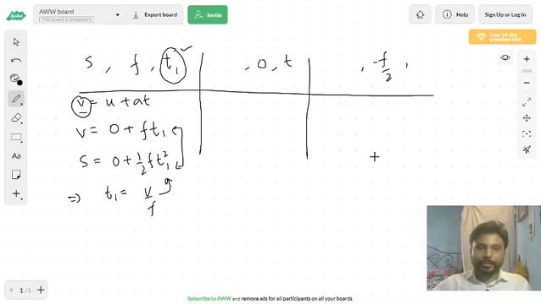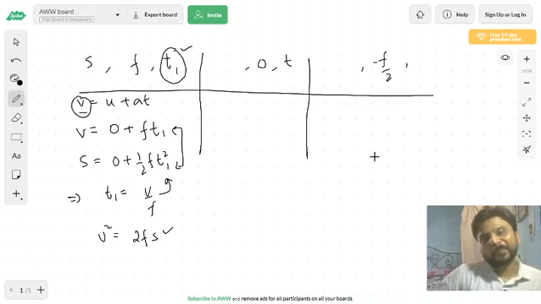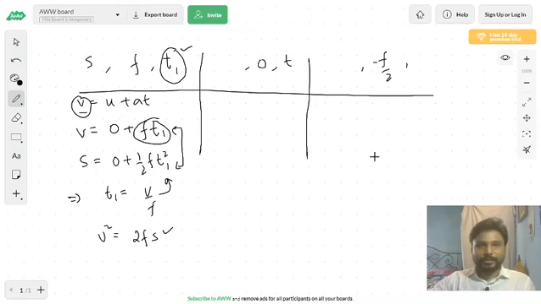we would be getting the expression v squared is equal to 2fs. This expression is what we would be getting. The final velocity is ft1 here, so that would be the constant speed with which the particle would travel. That means the particle is accelerating. Now the particle has reached the speed, and the particle is having no acceleration in the second part.